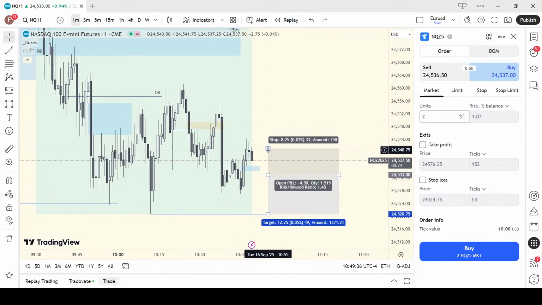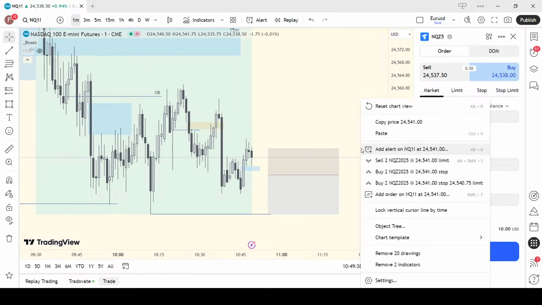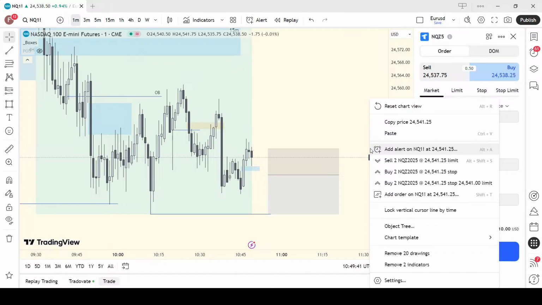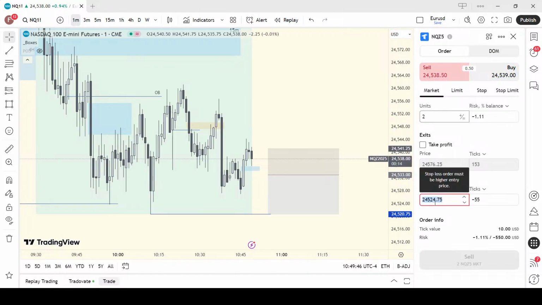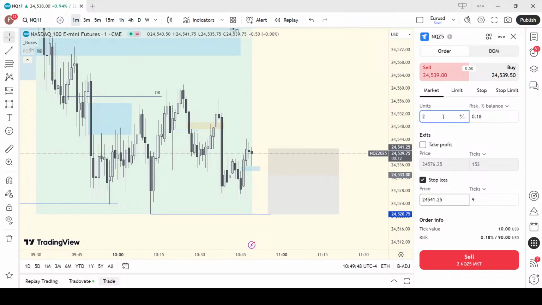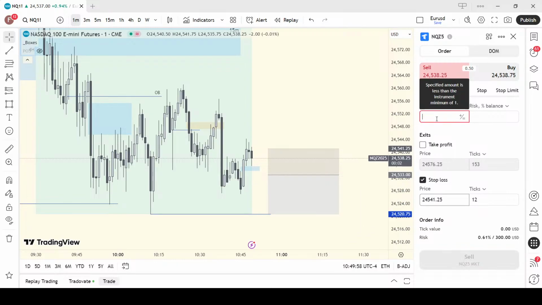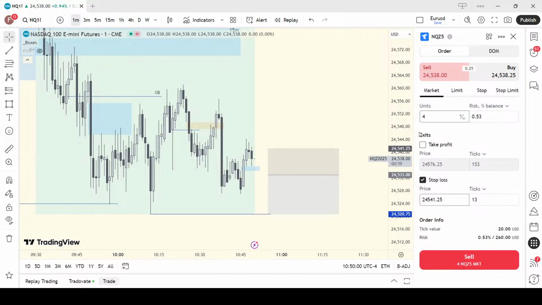So potentially we might get something here, but it definitely doesn't have to be. 5 units is, I believe, the maximum we can do on this account, but anyways, price seems to, well, we'll see.